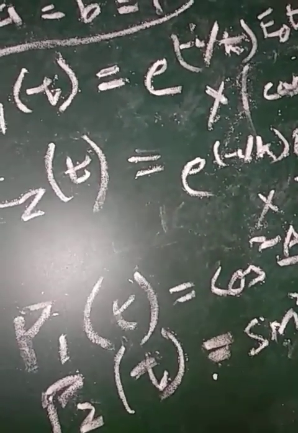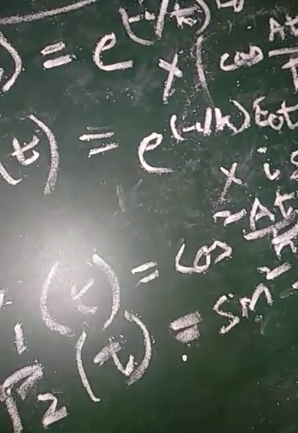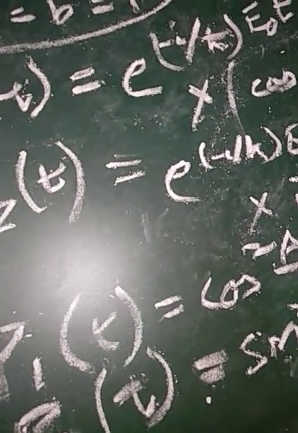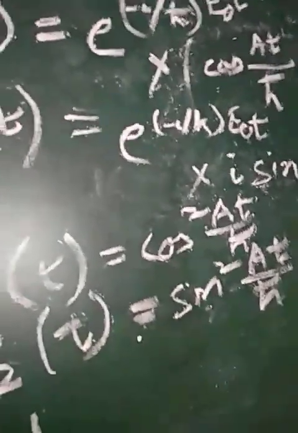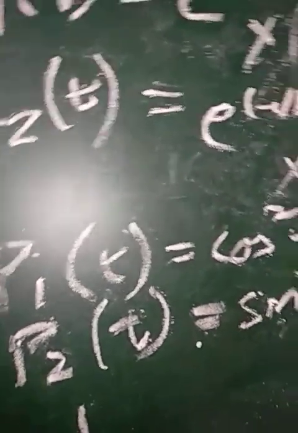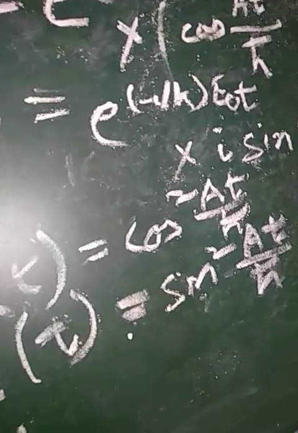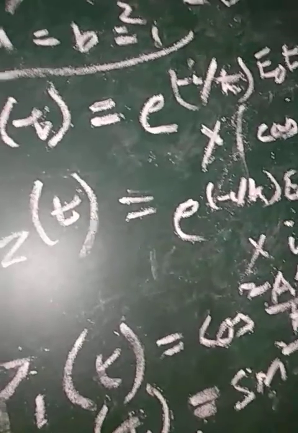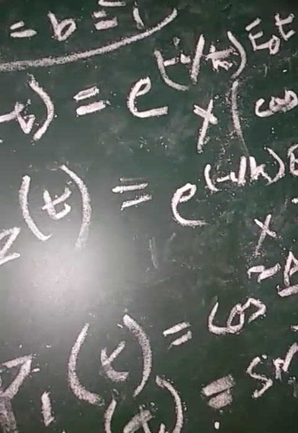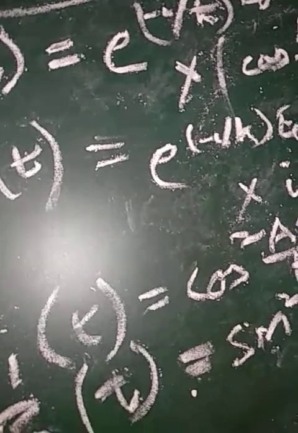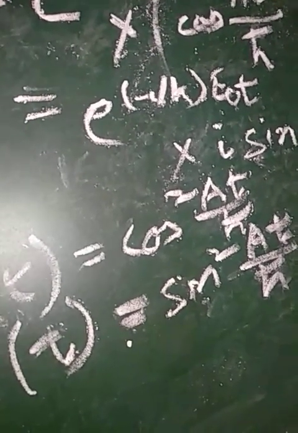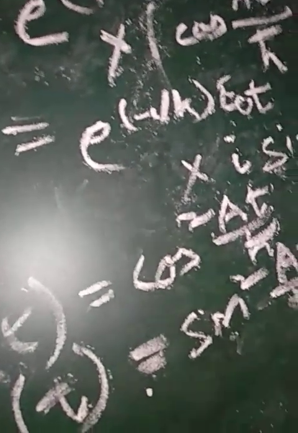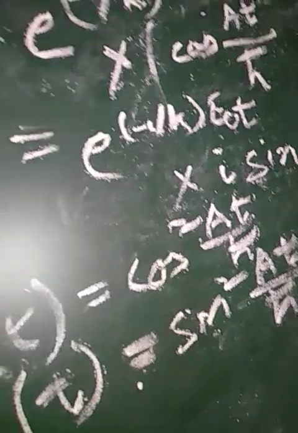If you plot the probability distribution of state 1 and state 2, first plotting state 1, it is cos squared At by h cut against time, with the probability P(t) on the other axis. Cos 0 is equal to 1, so cos squared is also 1, and cos 90 degrees is equal to 0.